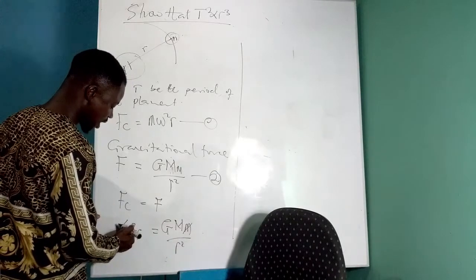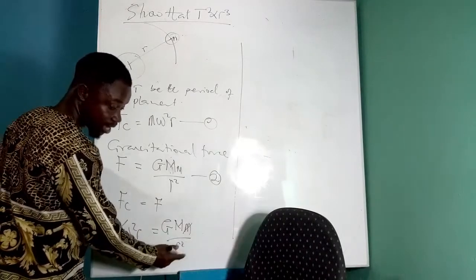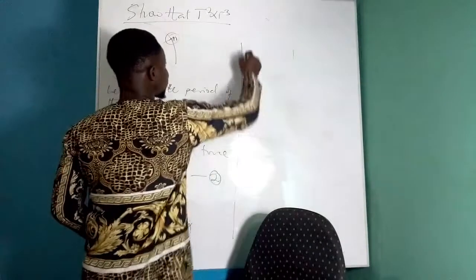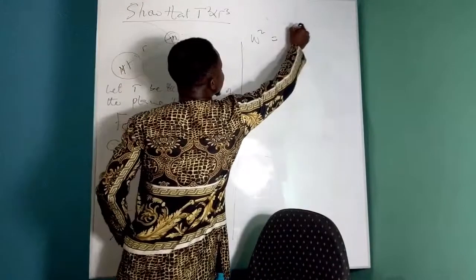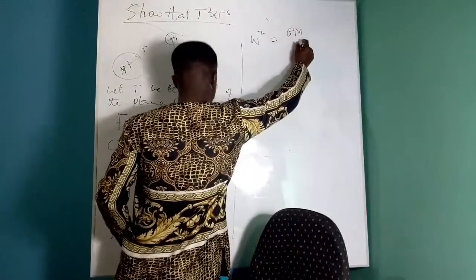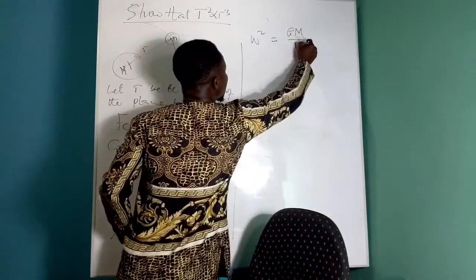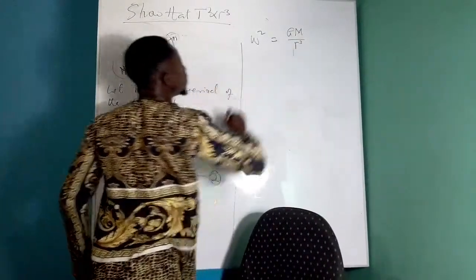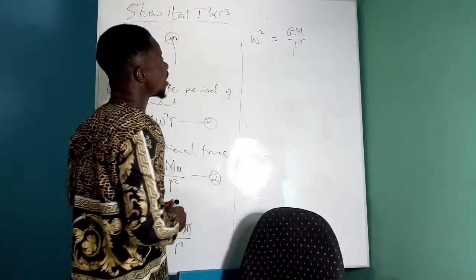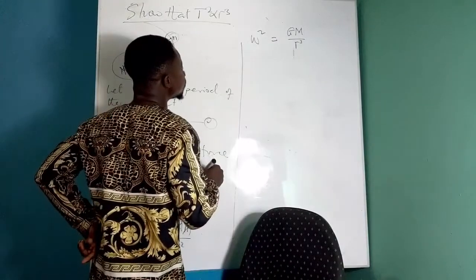When I divide here by r, the r will multiply this. So that is going to give me omega squared is equal to G capital M over r cubed. Good.